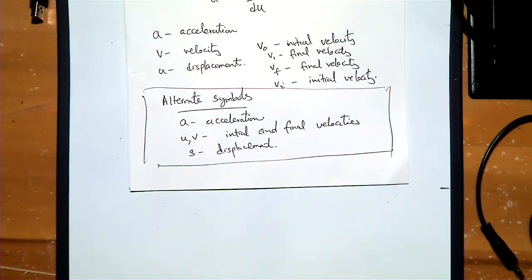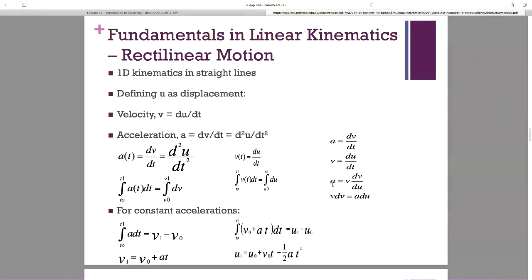So I want to go back here and mention these formulae. These bottom formulae are kinematics relationships when you have constant acceleration, where you've got V1 equals V0 plus AT, and U1 equals U0 plus V0 T plus half AT squared.